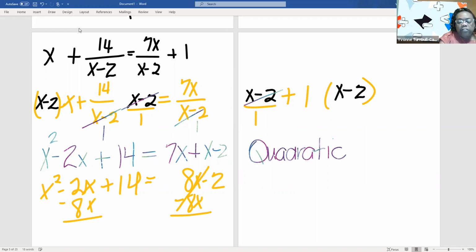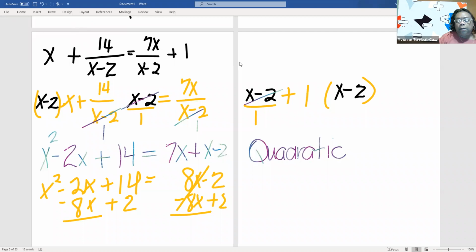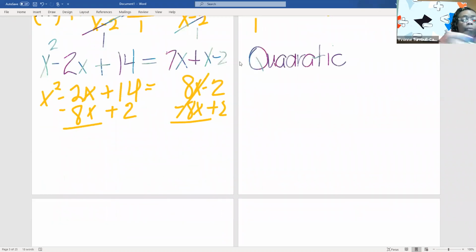I'm going to add 2 to both sides to bring my 2 over. I have 0 where I want it. That's x squared minus 10x plus 16 equals 0.